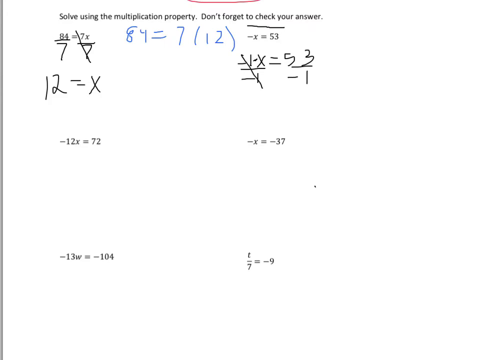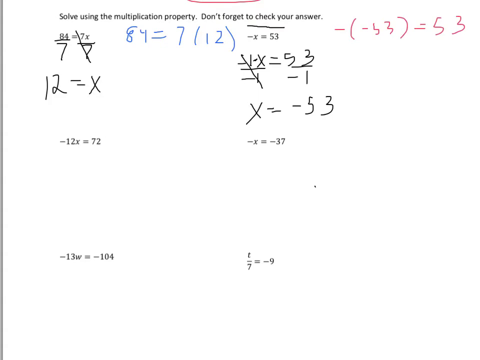Those cancel out. We get x equals positive 53 divided by negative 1, which is negative 53. And that's the answer. Now if we check this, we plug it back in. We have negative negative 53. Does that equal 53? And these two negatives, when we multiply those, both acting like negative ones, negative times negative is positive.